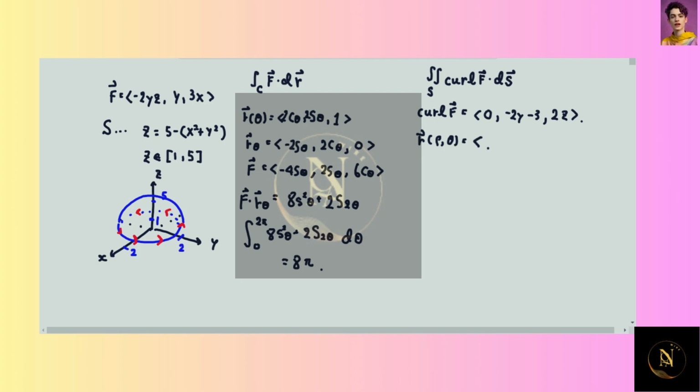There you go. So x = ρ cos θ, and I choose ρ sin θ for y. And for z, we know that it is equal to 5 minus x² + y², which, according to these choices of the parameters, is ρ². So we will get 5 - ρ².